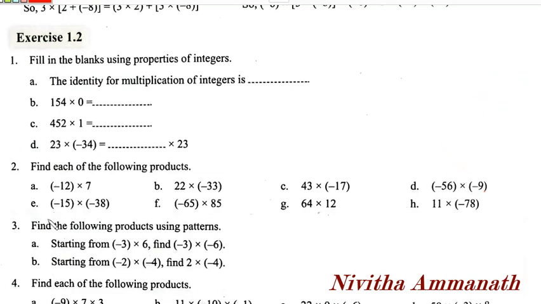Now, next question, minus 15 into minus 38. Both are negative. So the answer will be positive. So you have to write simply 15 into 38. So, how to do it fast? 38 into 10 plus 5, right?